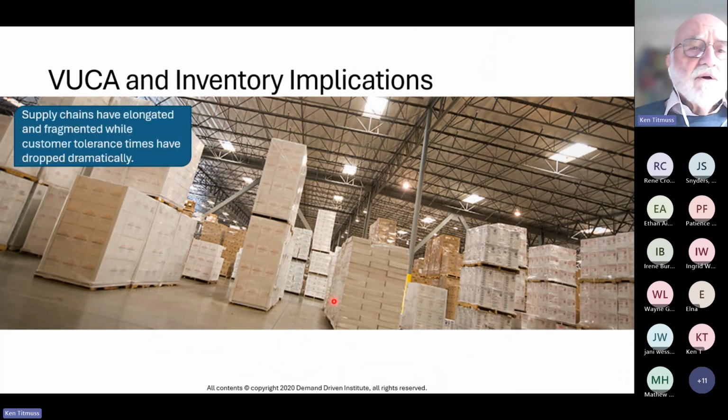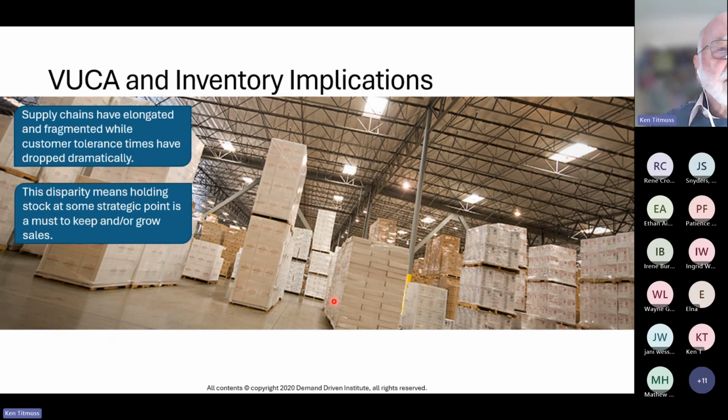So supply chains have elongated and they've fragmented while customer tolerance times have dropped dramatically. Back in the 60s, I worked for a company in England making tin cans, and we bought local steel, made tin cans and sold them to the local canning industry. There was really very little global trade in those days.